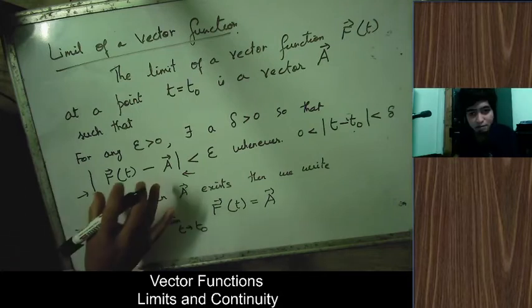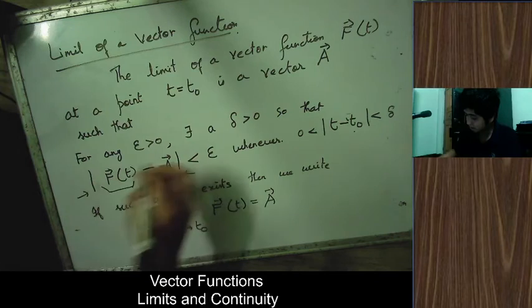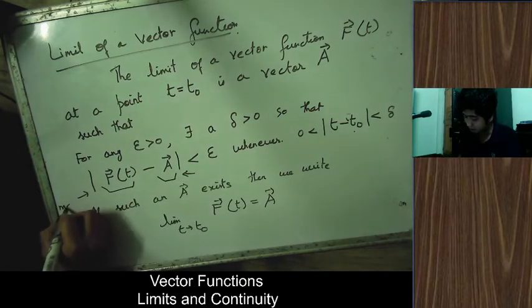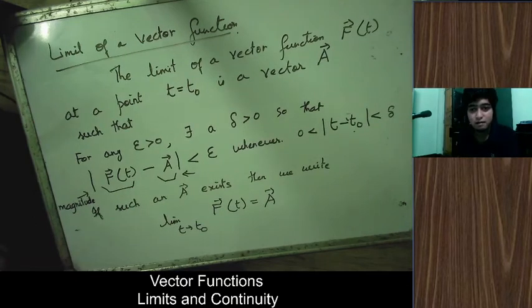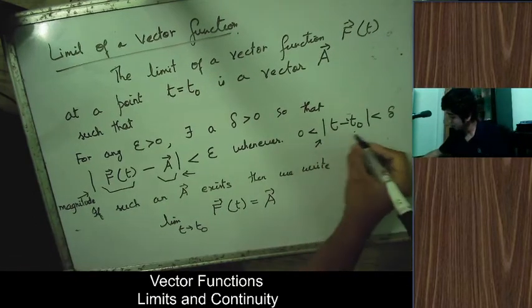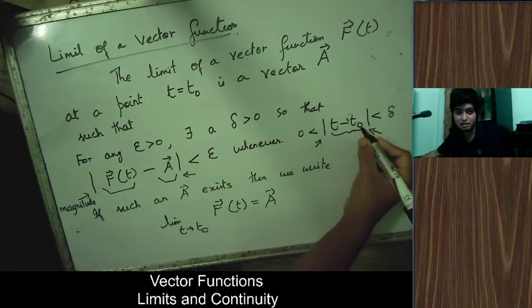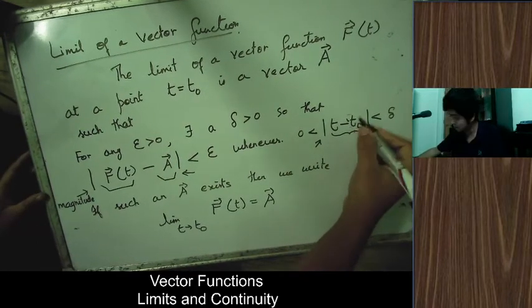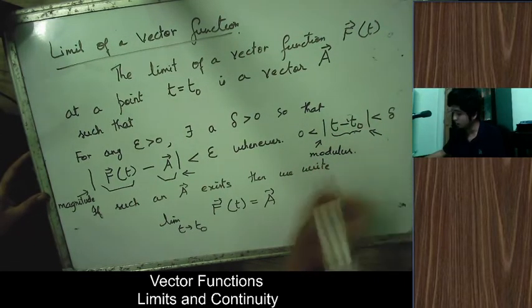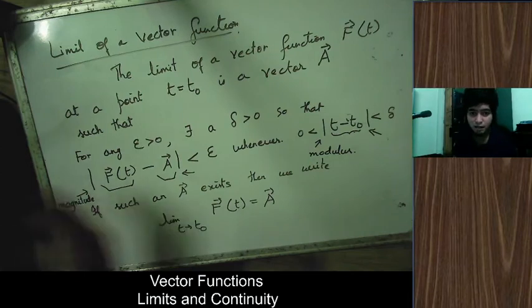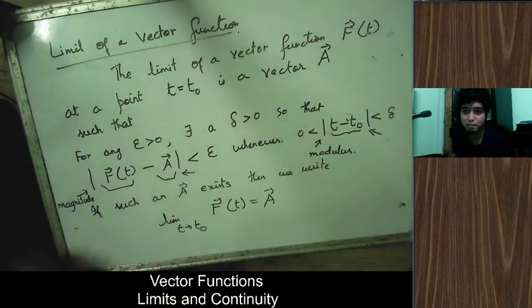But over here, inside we are having vectors, so this symbol will be the magnitude of vectors. And over here, inside we are having real numbers. t and t naught are real numbers, so this one will be the modulus symbol. You can call it magnitude, but to be more precise, we will call it the modulus symbol.